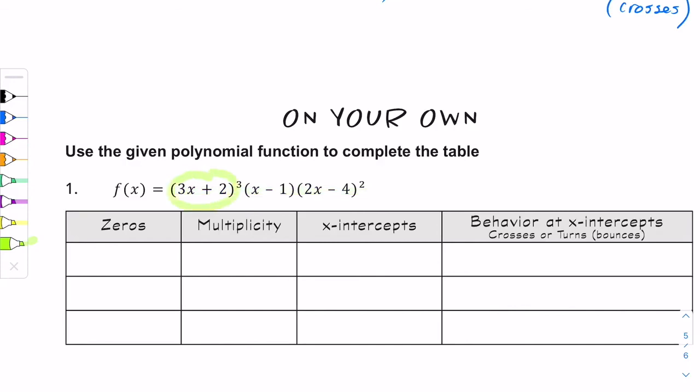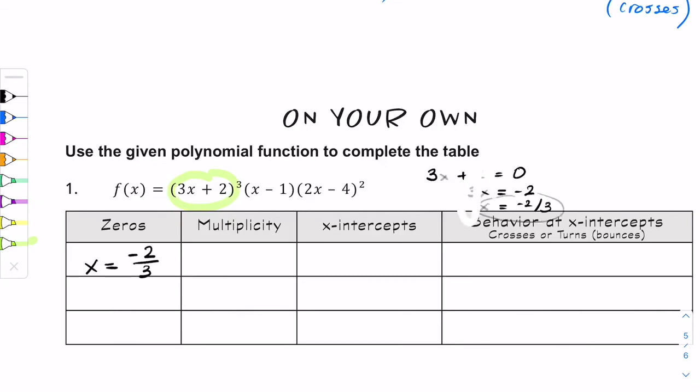Starting at this first factor, if I set that factor equal to 0, I'm going to end up with 3x equals -2, or x equals -2/3. This is called a 0. So x equals -2/3.